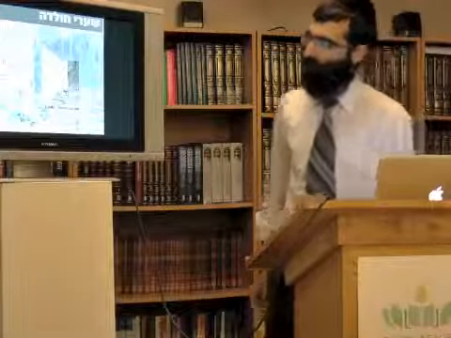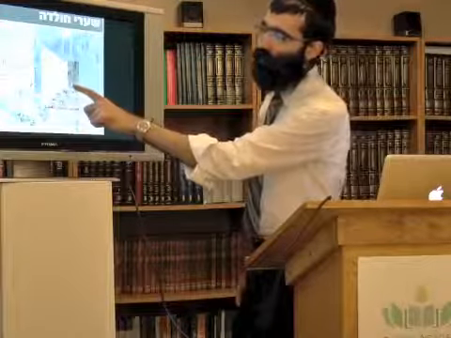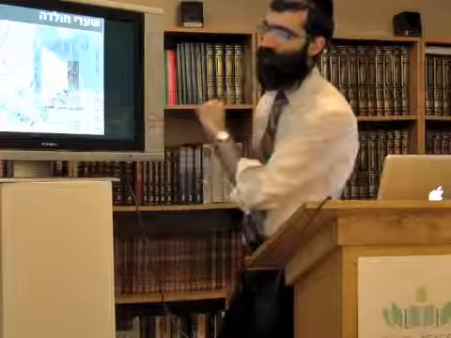So what you see over here, we are on the southern wall of the Temple Mount, and in this highlighted spot you can see a remnant of the entrance of a door.